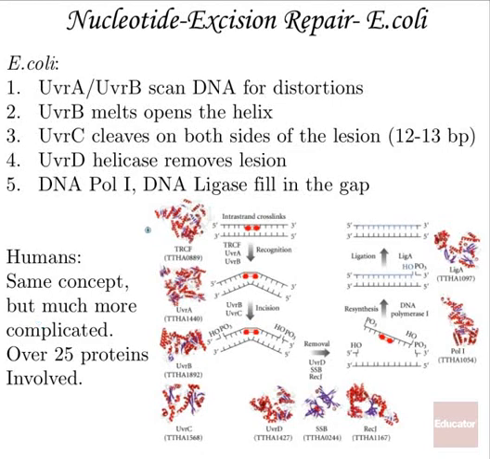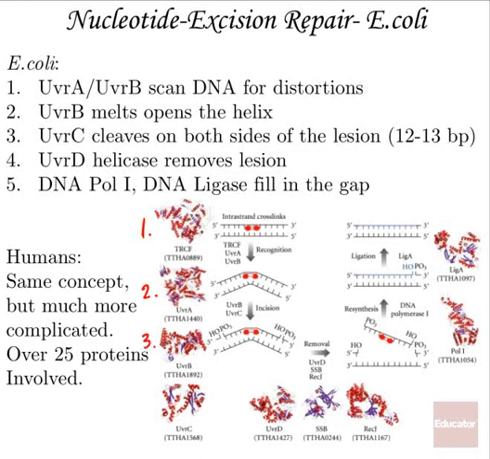So this is number one right here. UvrB will melt open the helix next. And UvrC will cleave on both sides of the lesion, about 12 to 13 base pairs. So this is 3.